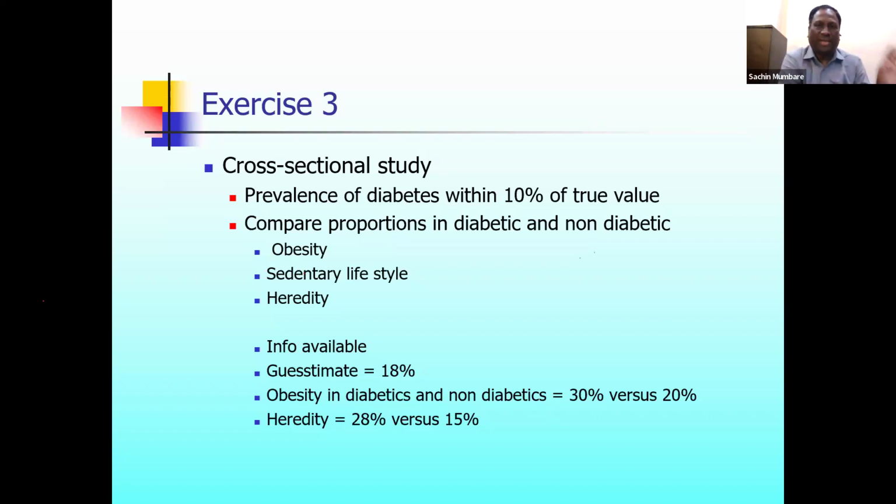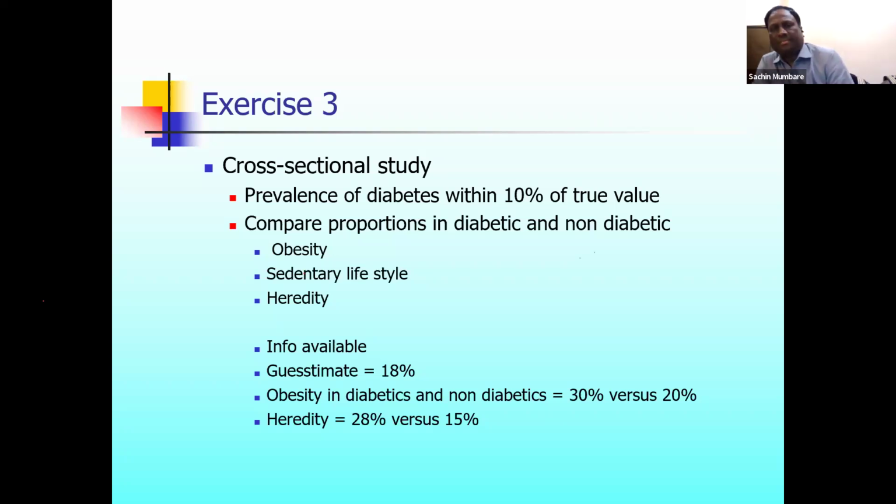The information available is the guesstimate of prevalence of diabetes is 18%, obesity in diabetics and non-diabetics is 30% versus 20%, heredity is 28% versus 15%, and for sedentary lifestyle data is not available.